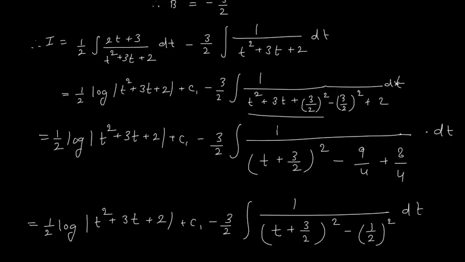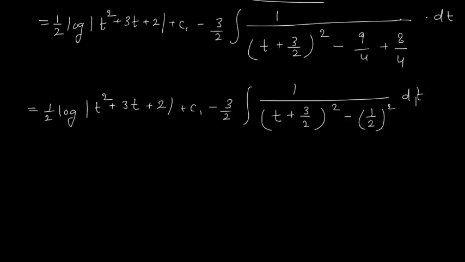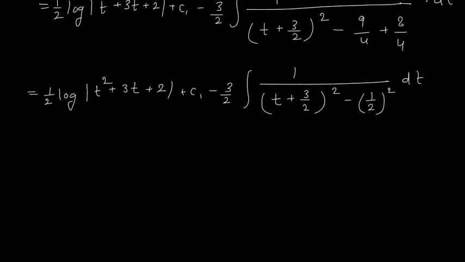Now you recollect the formula for integration of 1 upon x square minus a square. What is the integration of 1 upon x square minus a square? It is in terms of log. This is 1 upon 2 log of t square plus 3t plus 2 plus c1 minus 3 upon 2.